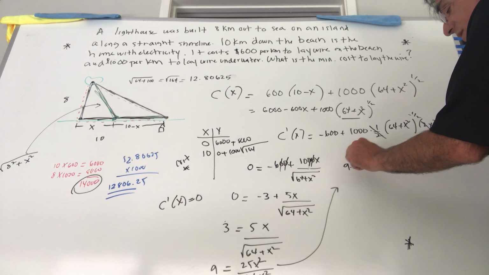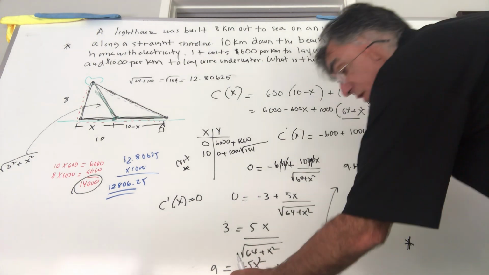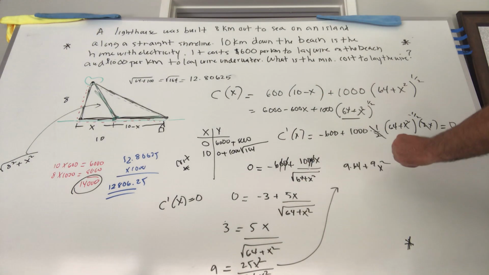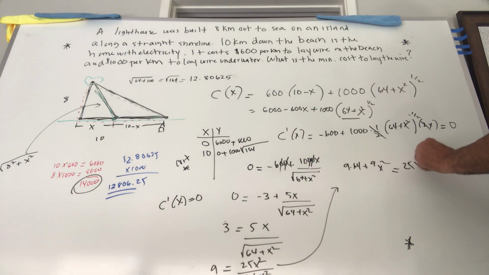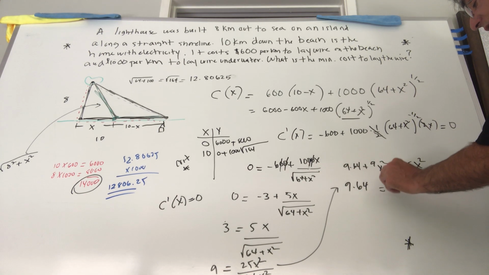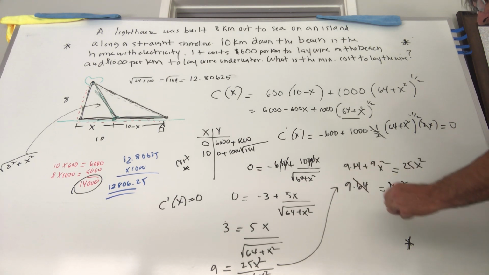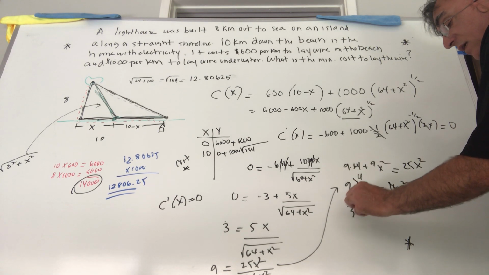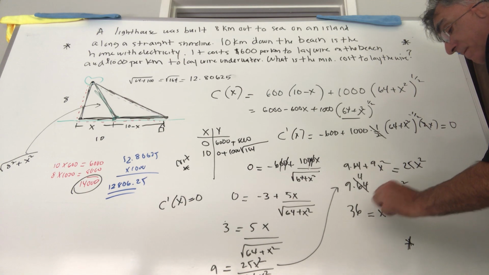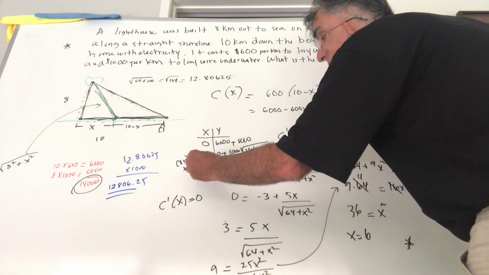Just leave it as 9 times 64 plus 9x squared, so the denominator goes over, equals 25x squared. 25 minus 9, you'll see why in a second, is 16x squared. 16 goes into 64 4 times. Now I can multiply, and I get x is 6. So there's the critical number, 6.